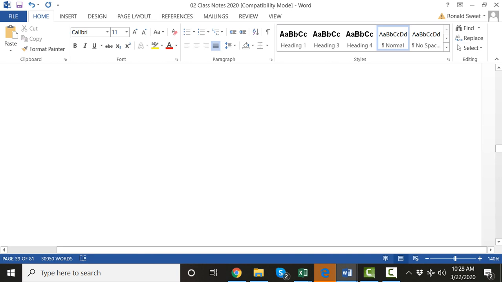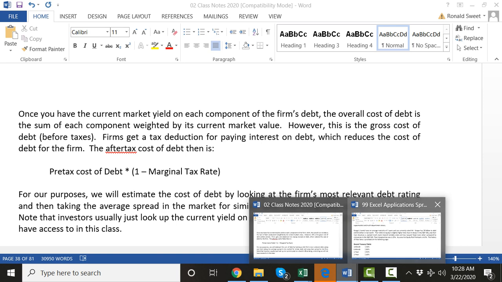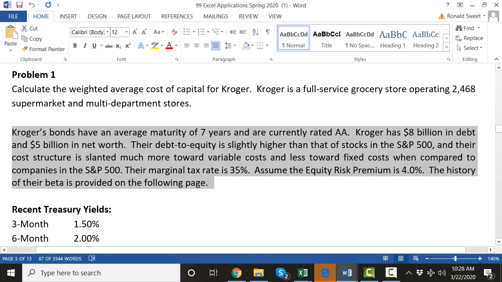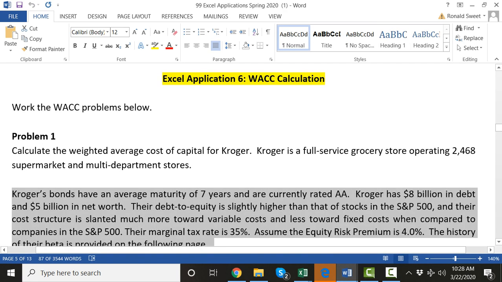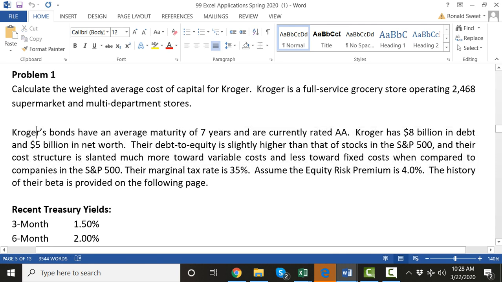Let me show you. I'm not going to do the entire weighted average cost of capital Excel application. I just want to show you the first problem you have. It's application 6, and the first problem you have is for Kroger's. And what I tell you is the average maturity of their bonds is 7 years.